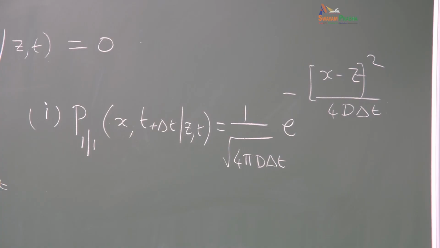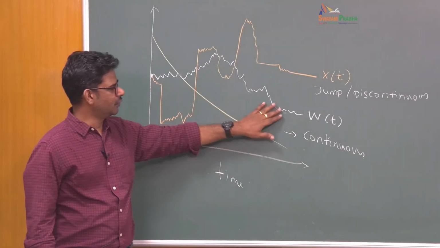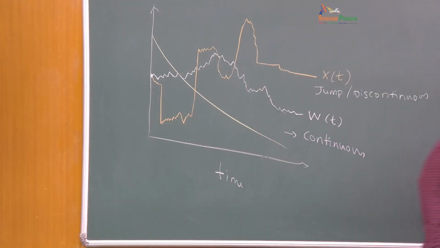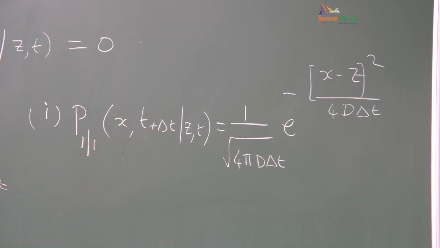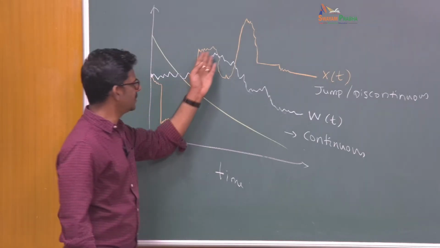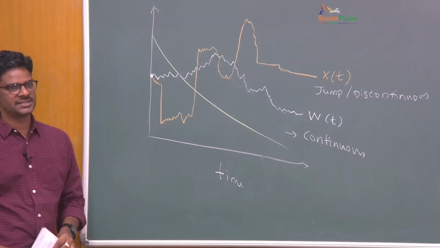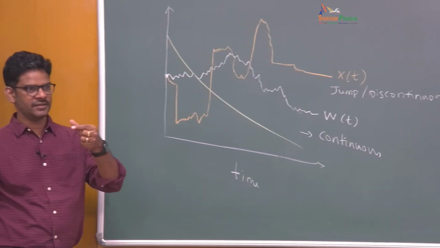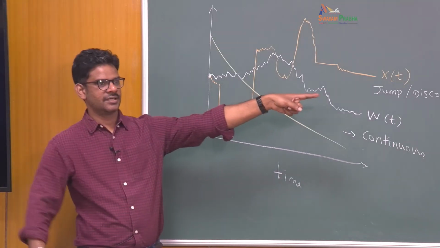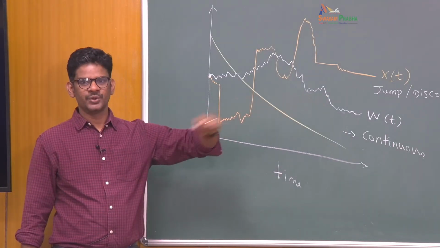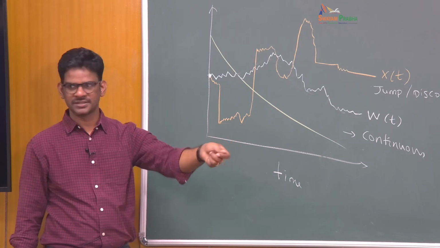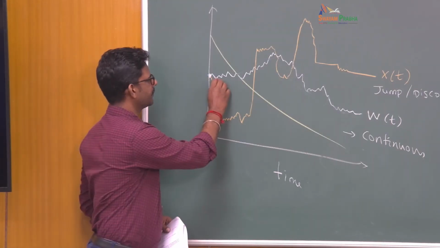This curve that I have drawn here is basically a Brownian particle's position evolving in time. Okay, and this evolution is predicted from this transition probability. The way we would have generated this trajectory is that we start from some initial point z, choose a delta t, and then use that transition probability to get the next value of x, and that could have been somewhere here.